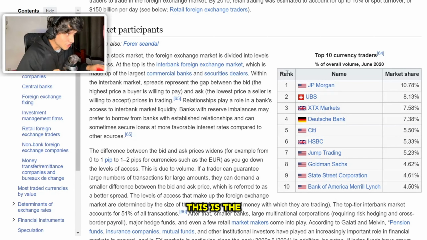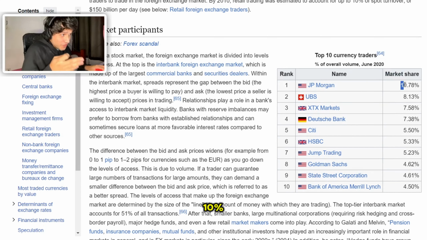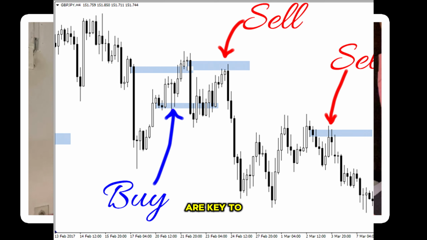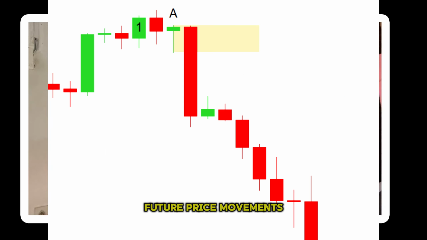The first place we have JP Morgan with a market share of almost 11%. These zones are key to identifying potential support or resistance levels, providing insights into future price movements.